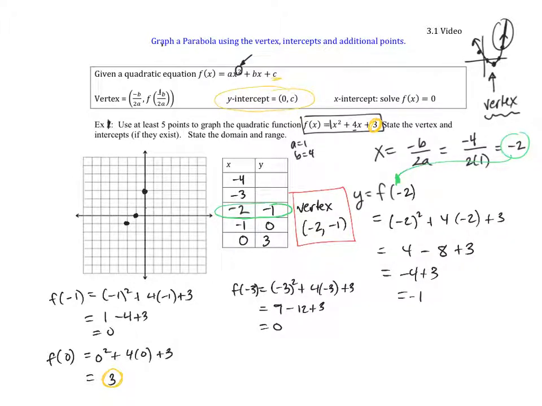And that's 0. And one more, f of negative 4. We want to plot at least 5 points to get a good high quality graph of a parabola. So let's see, negative 4 squared plus 4 times negative 4 plus 3 gives us 16 minus 16 plus 3. So that would be 3.